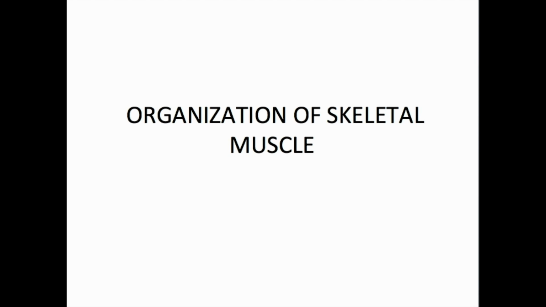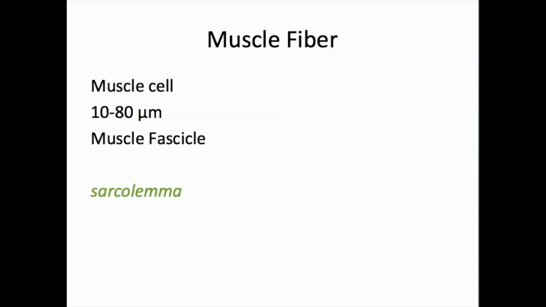Let's now have a brief look at the physiologic organization of skeletal muscles. The skeletal muscles are composed of numerous muscle fibers. The muscle cell is called the muscle fiber.